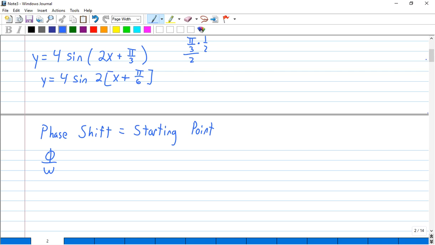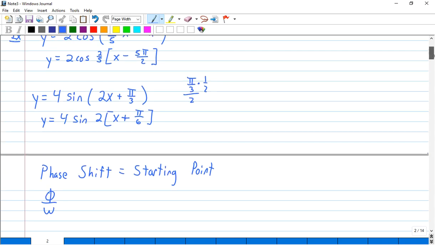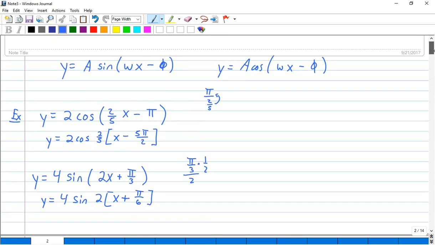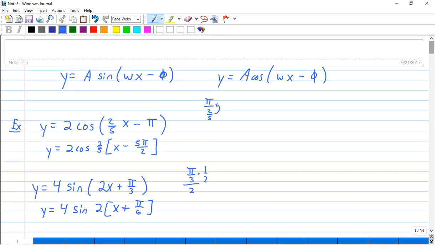Alright. Now, from our general formula up here, some of you may have written it down. If I factor the omega out to rewrite the general formula, you know, we did it with some real numbers, but if I do that in my general formula, that would give me x minus phi divided by omega, right? I'm going to do that for both of these general formulas.